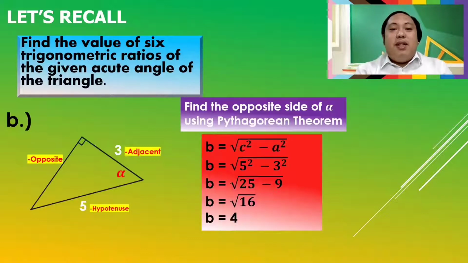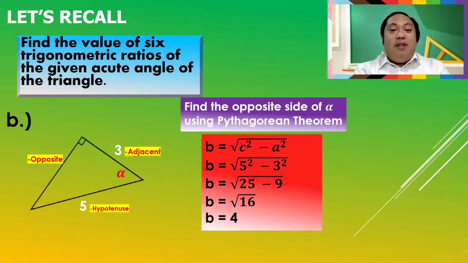We have b is equal to the square root of c squared minus a squared. B represents the opposite side, c represents the hypotenuse, and a represents the adjacent side. So we have b equals the square root of 5 squared minus 3 squared.